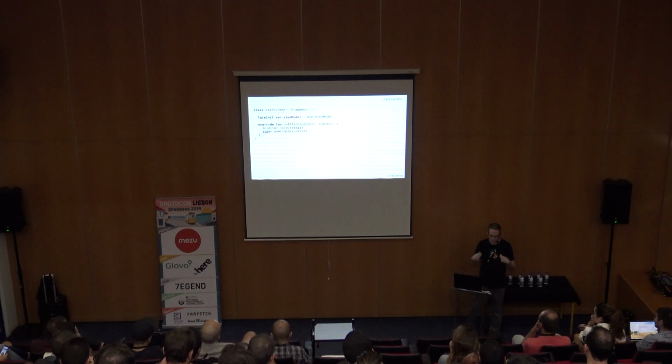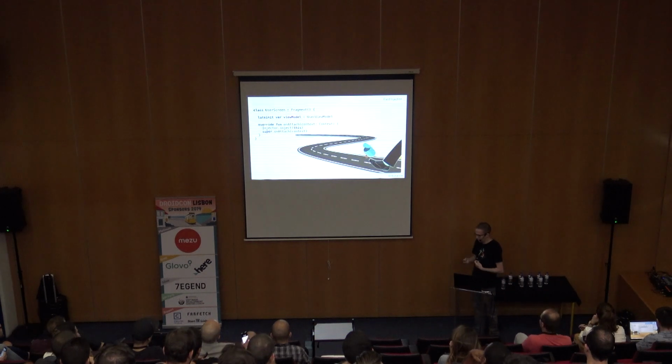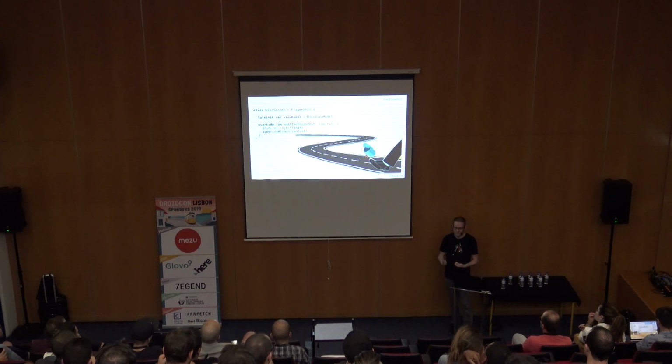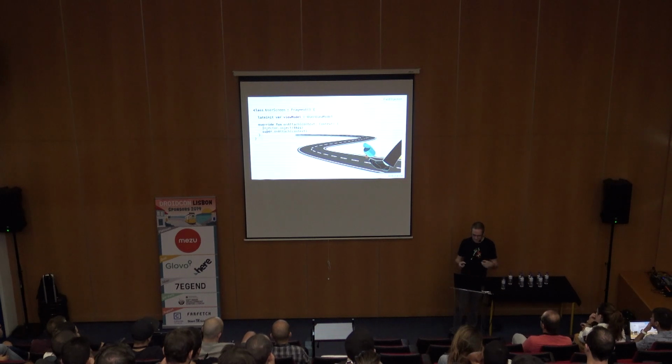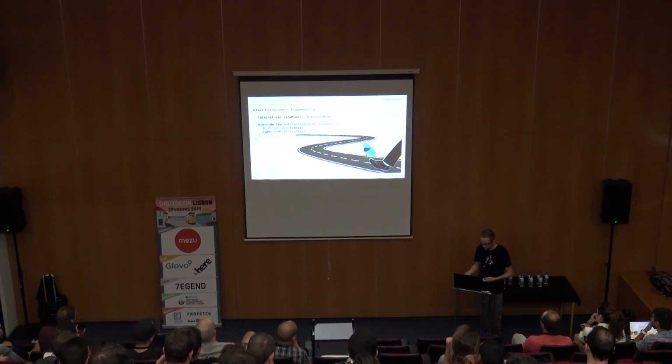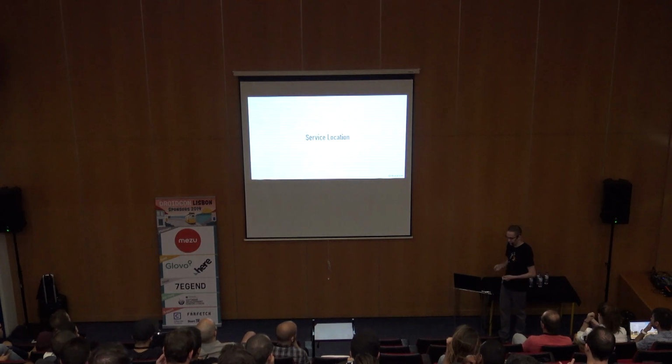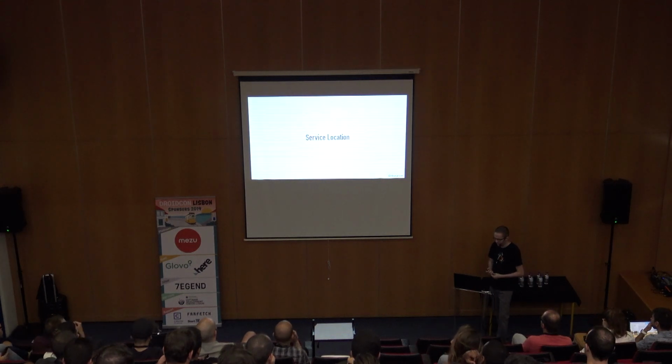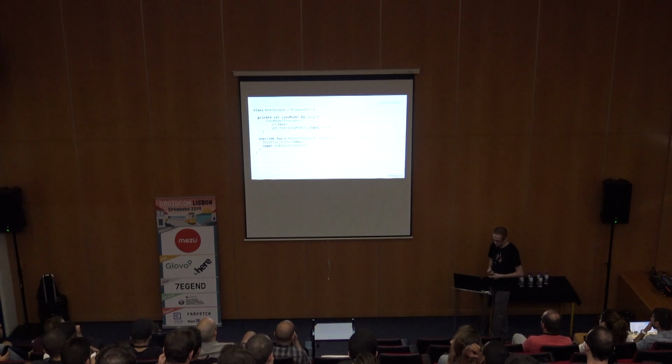I'm trying to make a point here, which is that we're just kicking the can down the road with dependency injection. The pattern of dependency injection is capable of passing parameters around, but it doesn't actually create them. In order to do that, we're going to use service locators. Let's look at how that solves the problem.